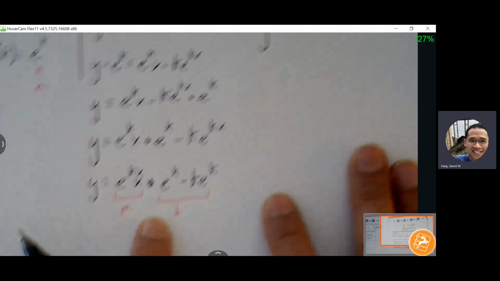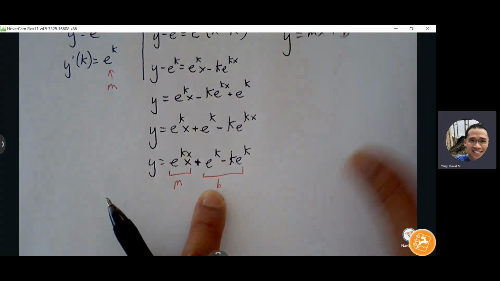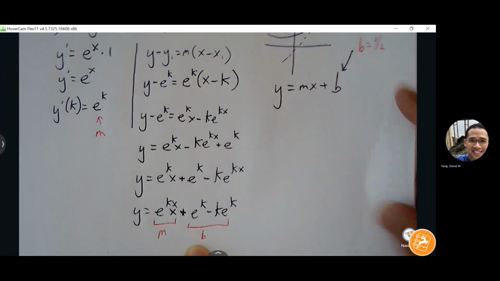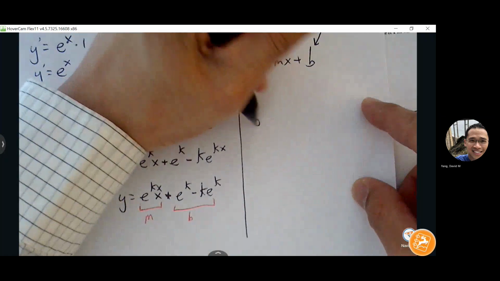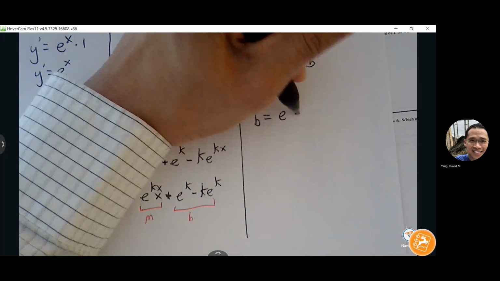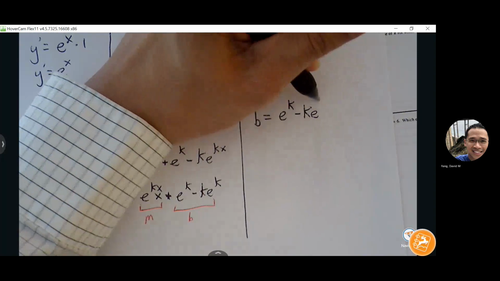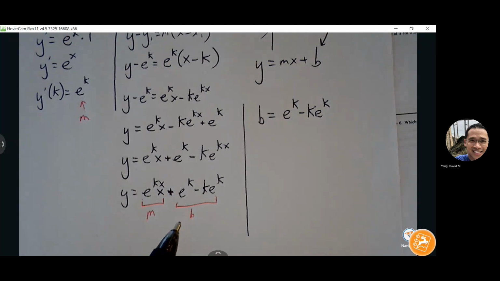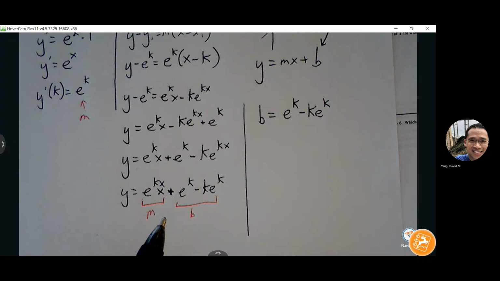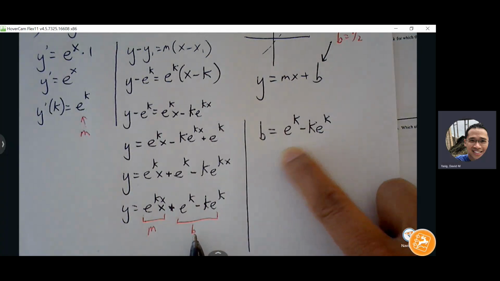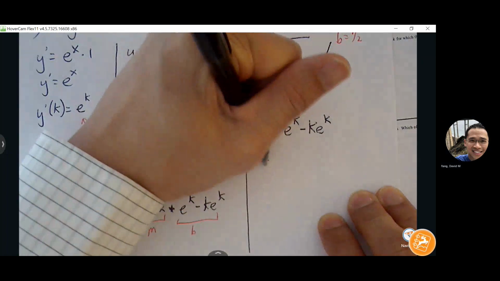That's my b value, and my b value is 1/2.